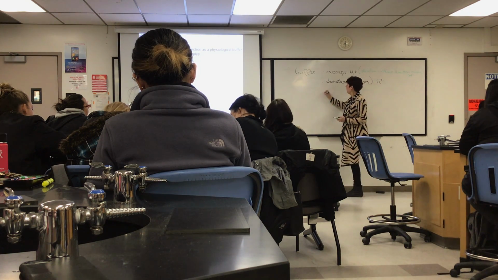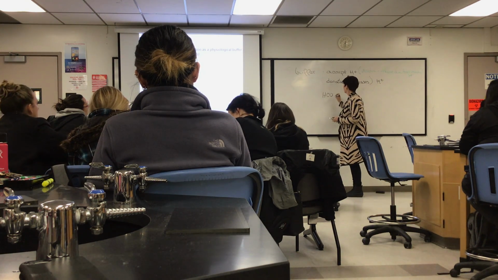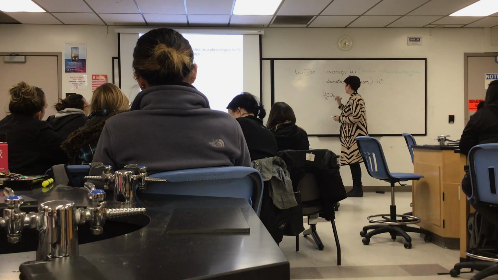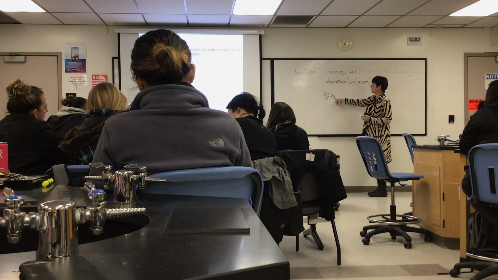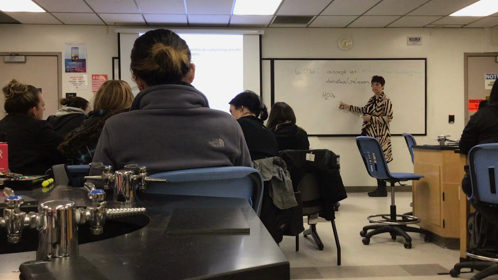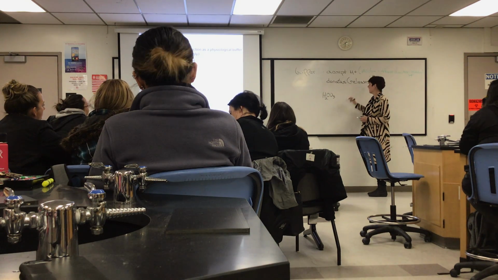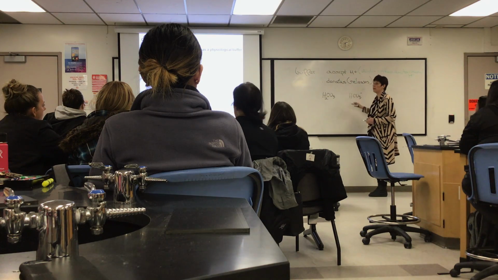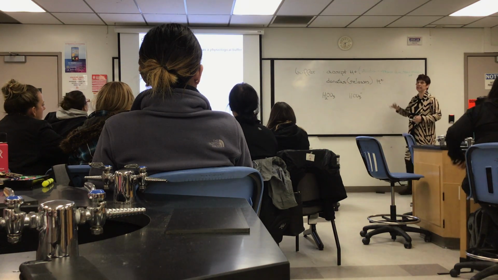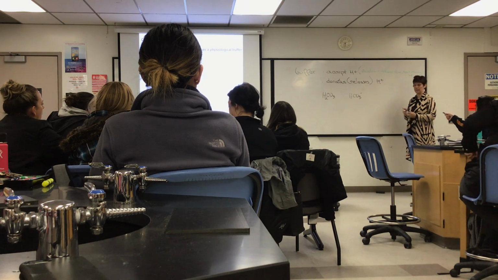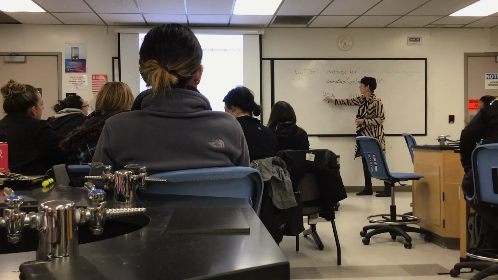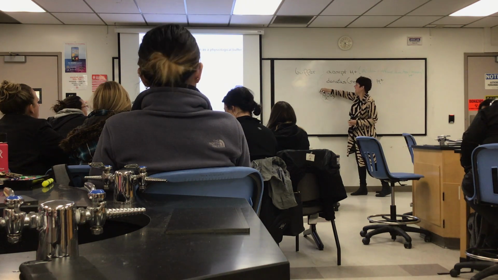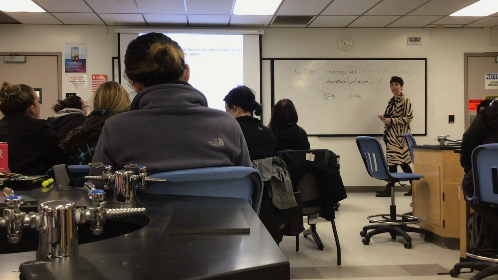So if we have our carbonic acid, is this going to exist in an acidic condition, or is it going to be in this form? Which of these will we most likely see in an acidic condition? This one, because it has accepted a hydrogen ion.